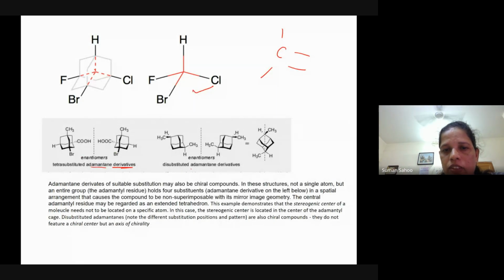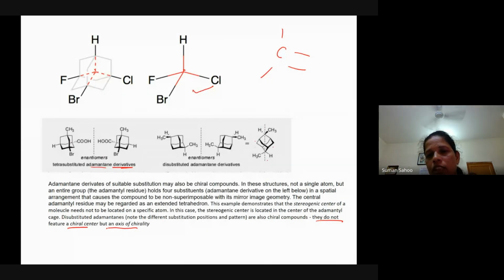Here they do not feature a chiral center but an axis of chirality, as in the case of allenes.